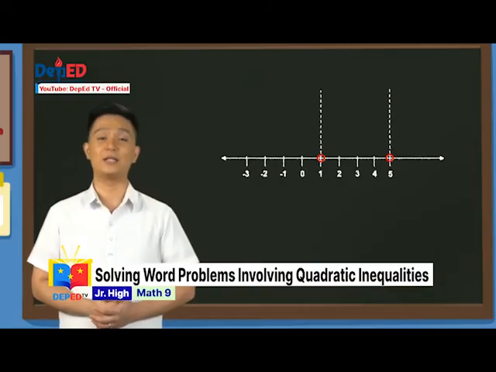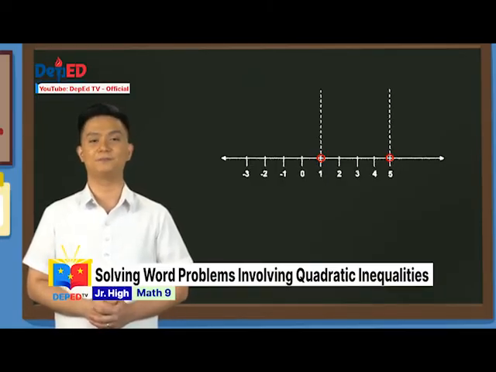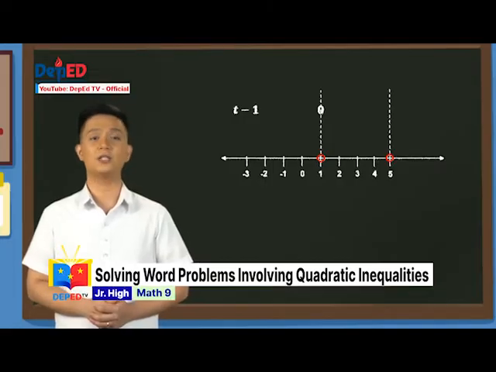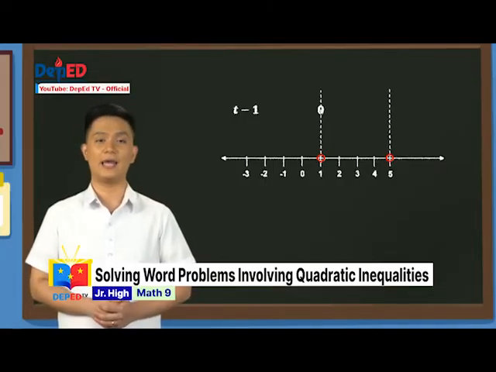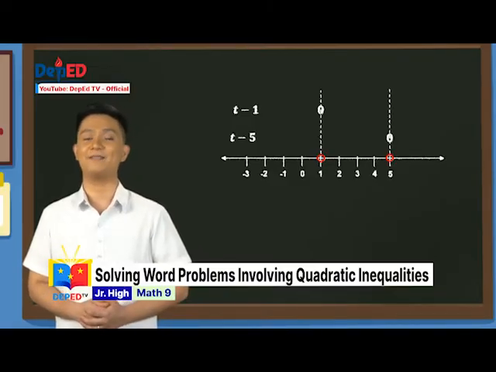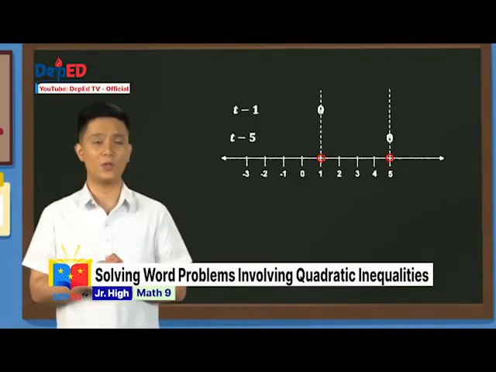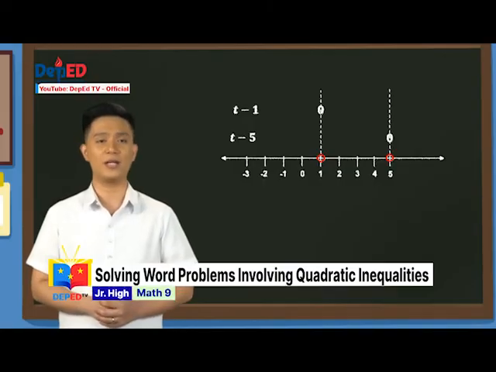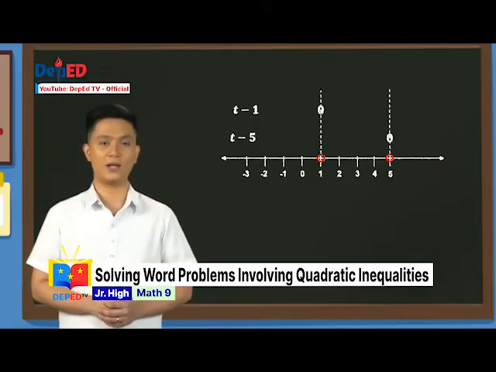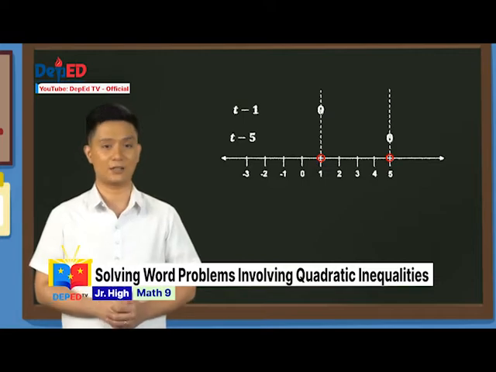Let's add the following details on the graph. At t equals 1, the value of the factor t minus 1 is 0. And at t equals 5, the value of the factor t minus 5 is 0. We must identify which among the regions in the number line contains the set of values of t for which the product of the two factors t minus 1 and t minus 5 is negative.